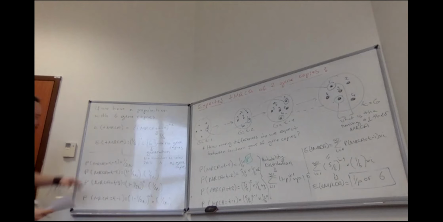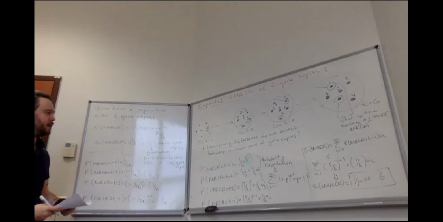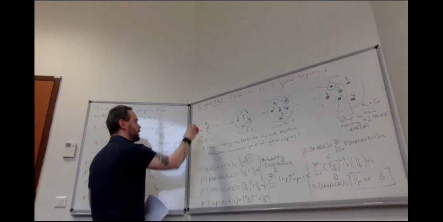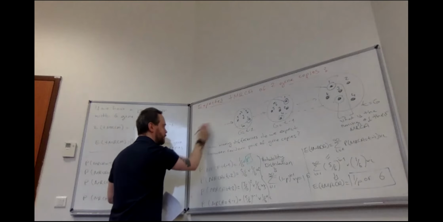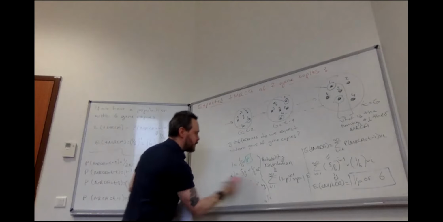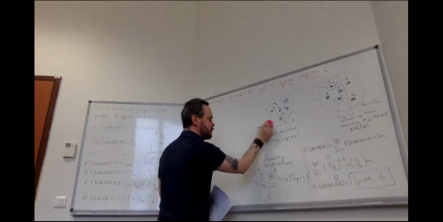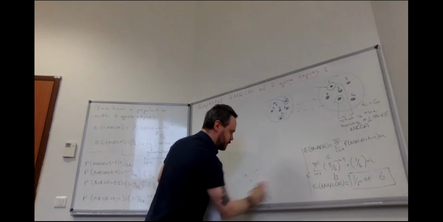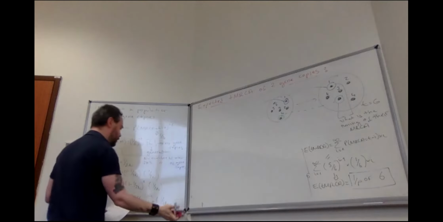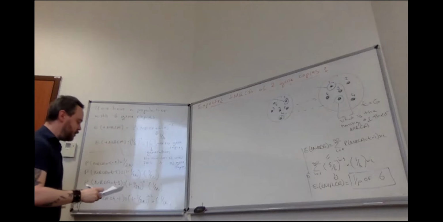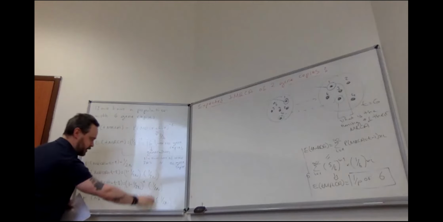Okay, so instead of just building it, I'm just going to erase this part here. So if we follow this logic with just n's, we can do the same thing.